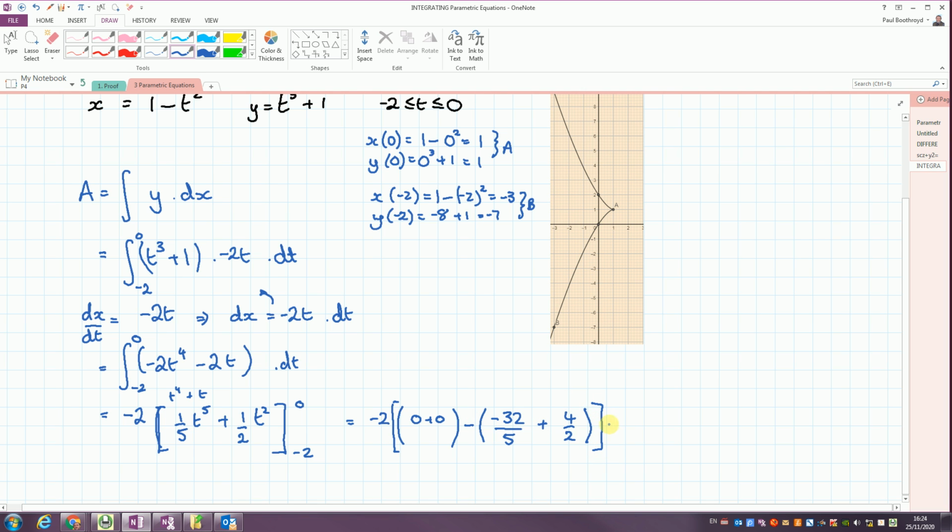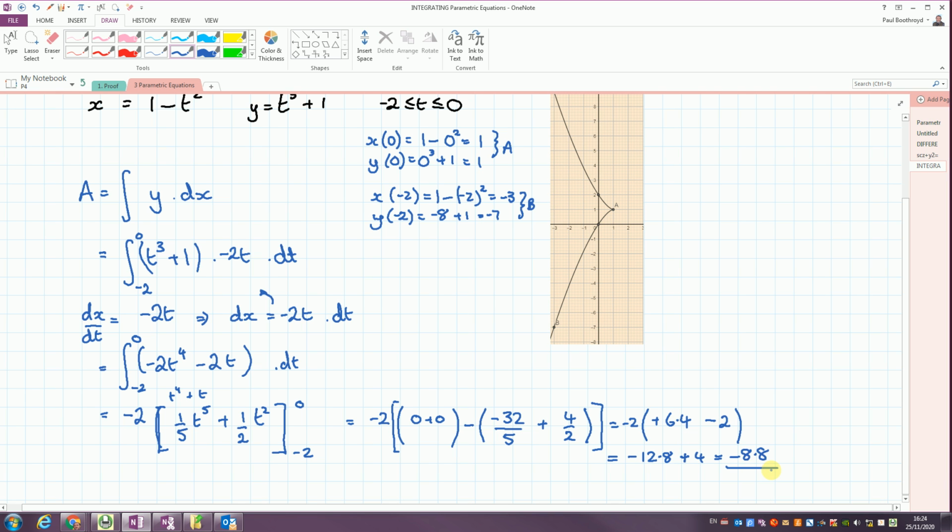We calculate the values and we get -2 times the bracket, plus 6.4, change that round, -2. Multiply through and we get -12.8, add on 4 is minus 8.8 as an area.